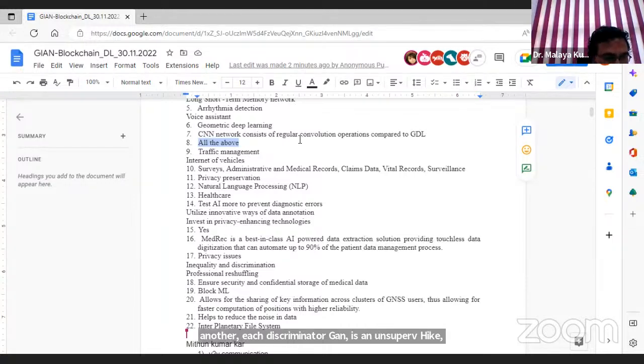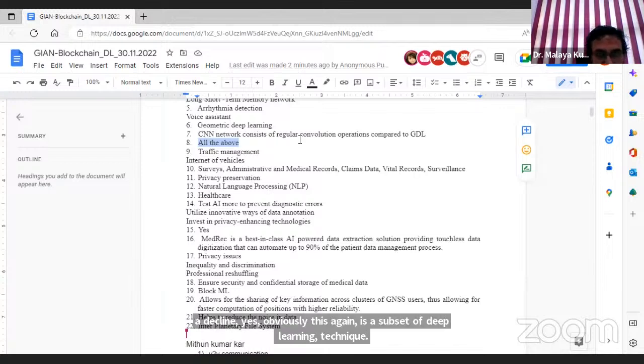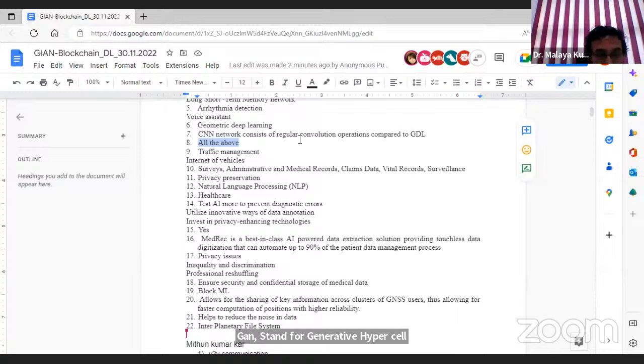Before coming to this answer, I want to tell you, GAN is a deep learning technique. Yes, obviously this GAN is a subset of deep learning. GAN stands for generative adversarial network. This is also correct. It has 2 blocks. Yes, one is the generator, which can generate the data, and the discriminator, which can discriminate the fake from the real. GAN is an unsupervised learning technique.